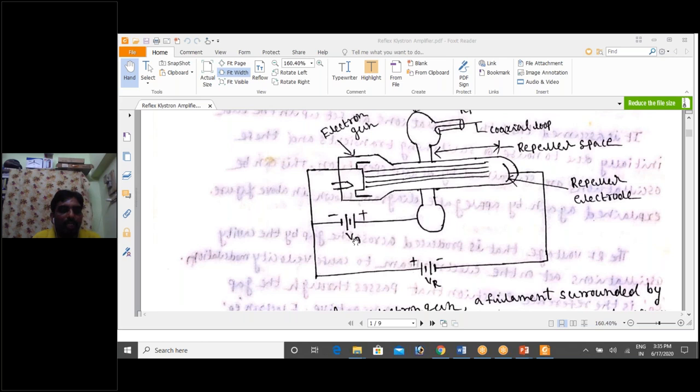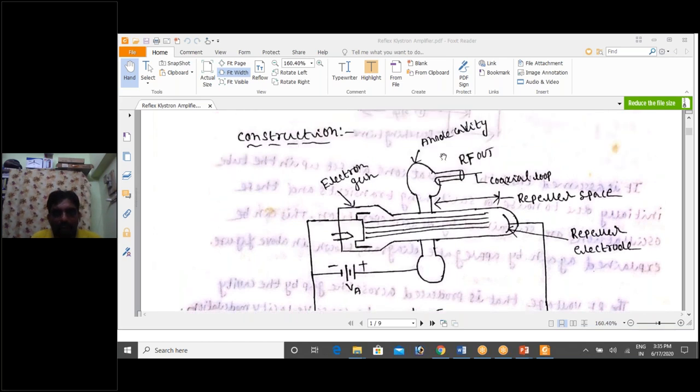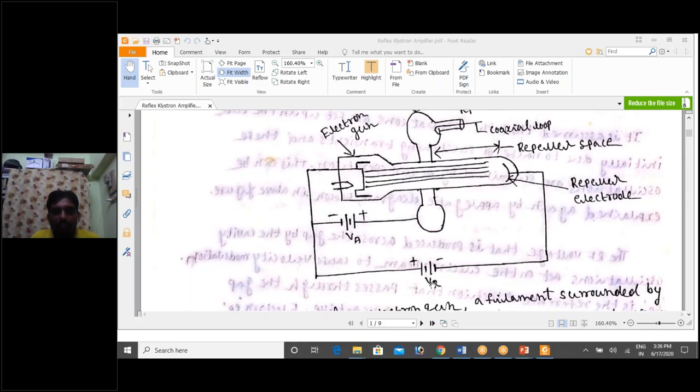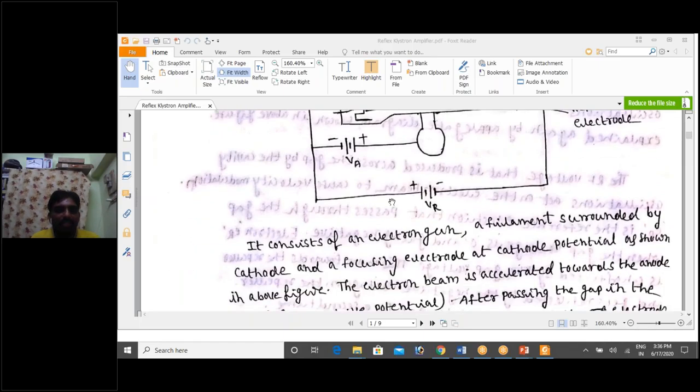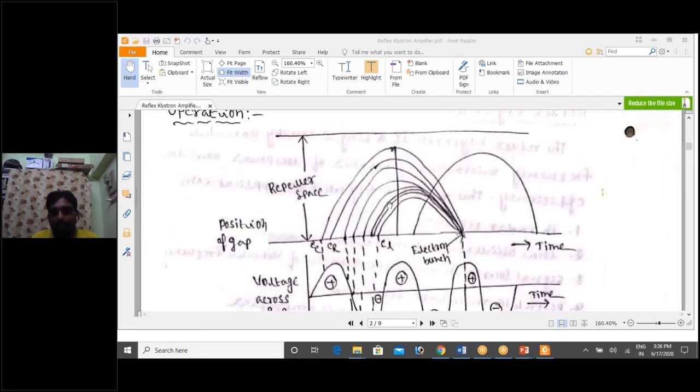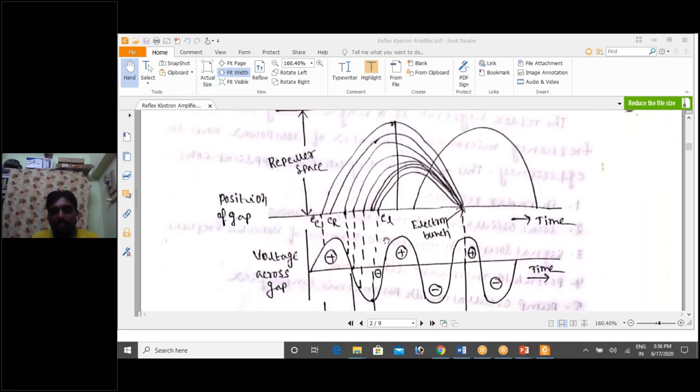This is a negative anode voltage we apply, and the top one is applied for the anode cavity, and again the radio frequency signal input and output are measured here using a coaxial cable. When we vary the voltages VR and VA, we send the electrons from cathode to anode, and anode to cathode, in the form of reference electrons and late electrons. This is the diagram we drew in our class.